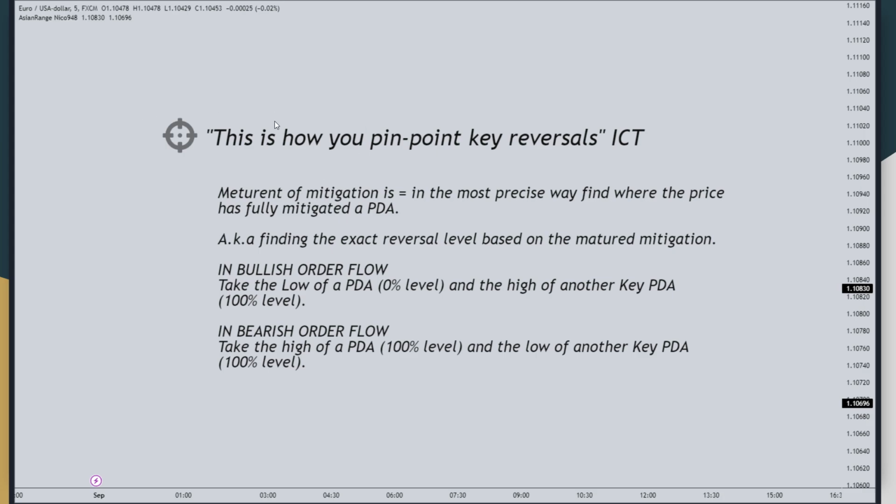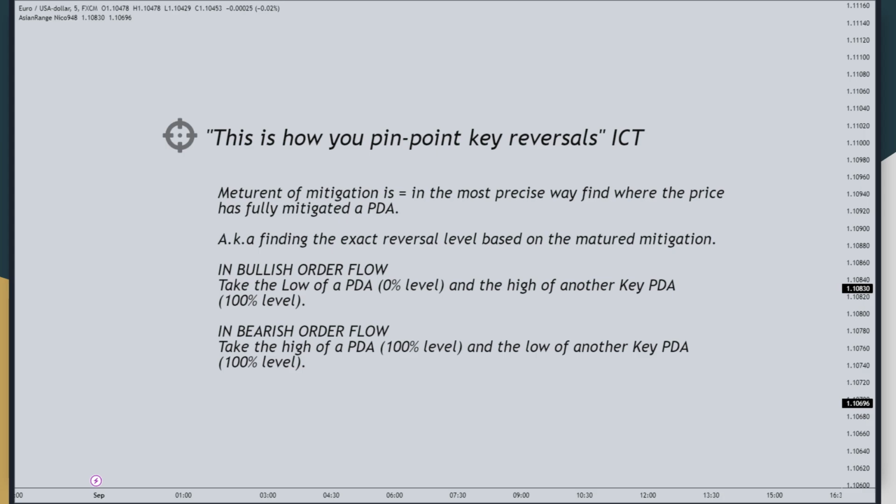According to ICT, this is how you pinpoint key reversals or key levels of entry. Now, what I recommend before we get into it is that you don't actually use the exact levels, and instead use a lowering of the levels, meaning an entry just below the levels or just above the levels if you're bullish or bearish, or if you're going to take a long or short.